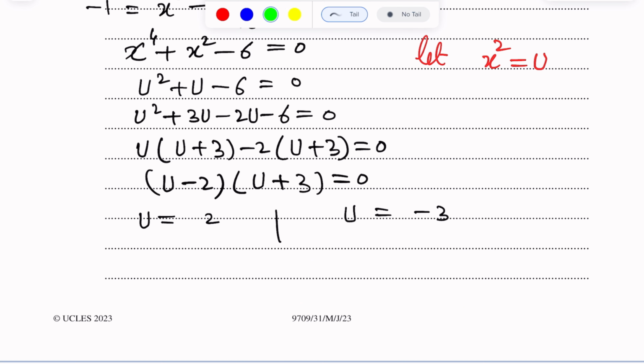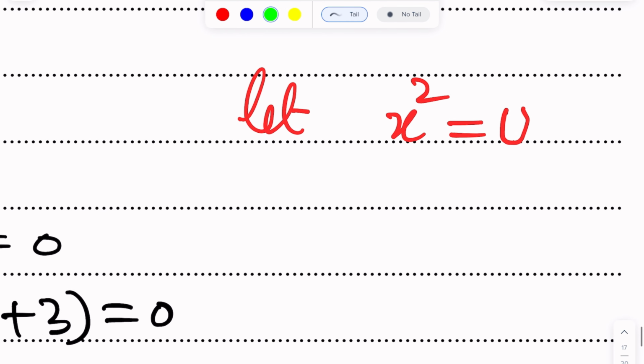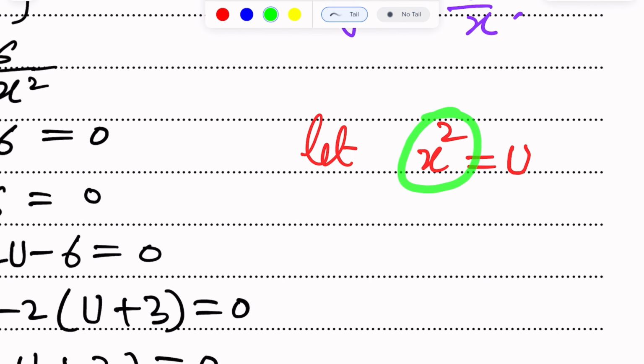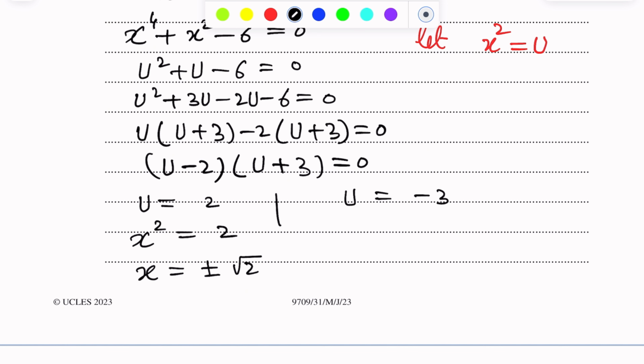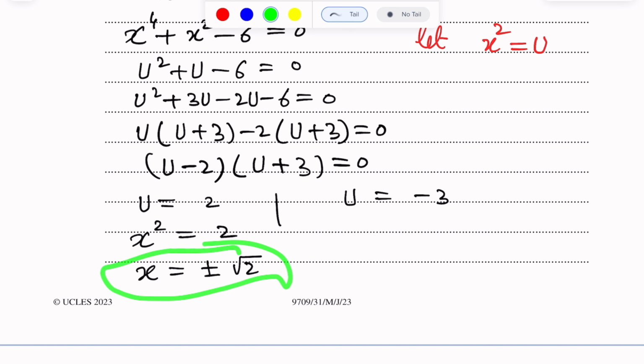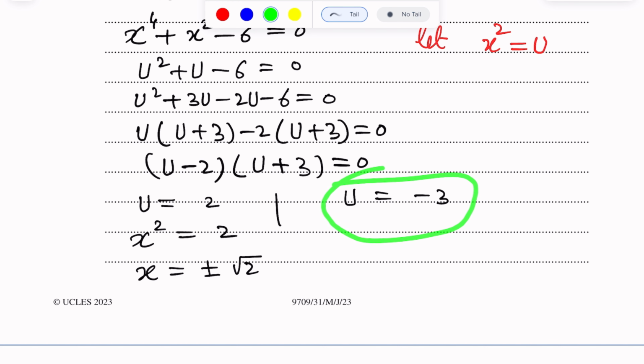Now actually u is x square. So resubstituting, we get x square is equal to 2. Taking square root on each side, we get x is equal to plus minus under root 2. These are two values of x.